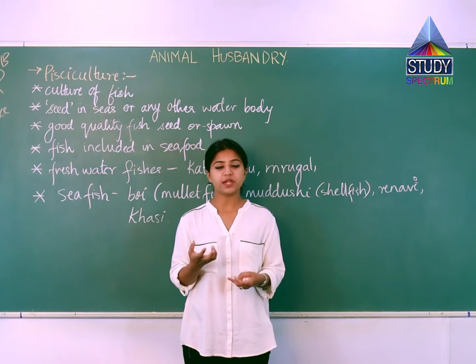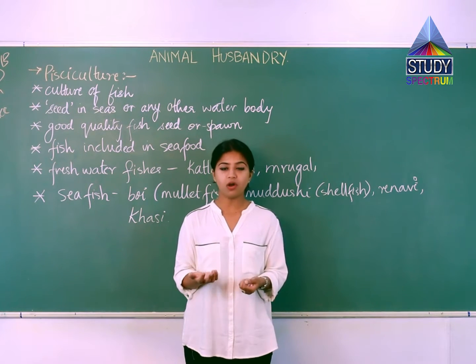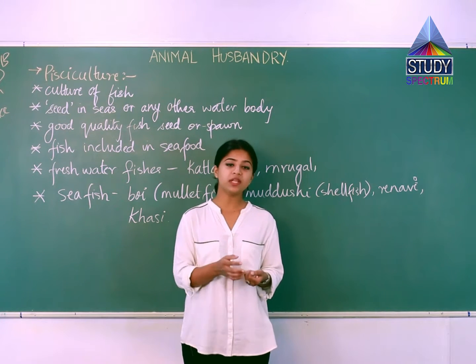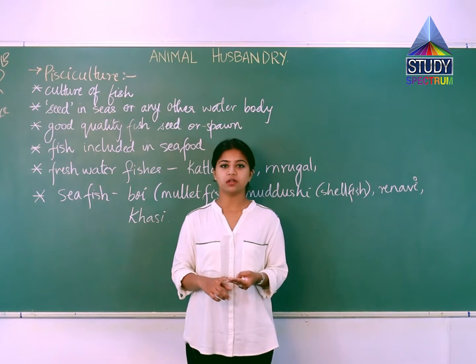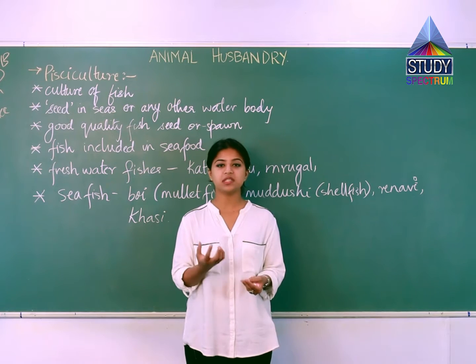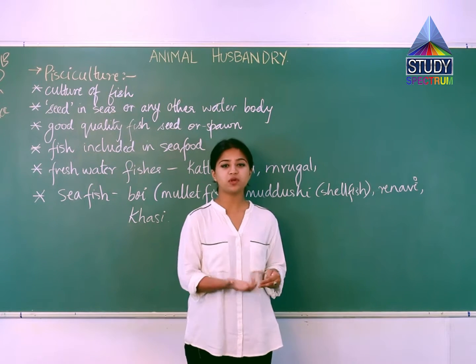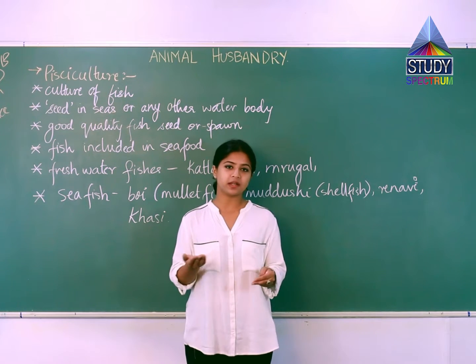Then for physical transportation, of course, for agricultural labor, for any other transportation purpose. Also, not only these, but for polyculture, for pisciculture, these are the marine animals that are utilized. So not only the animals on land, but also the marine animals are utilized to benefit mankind.